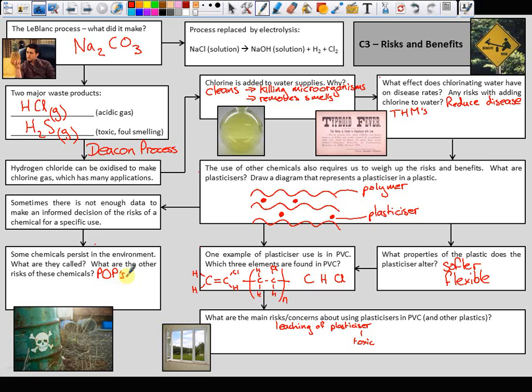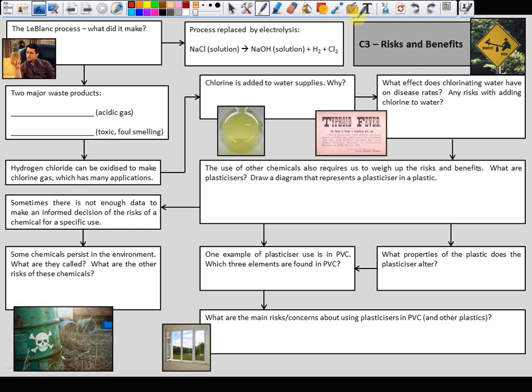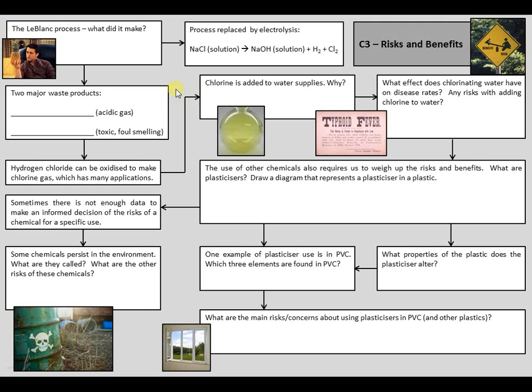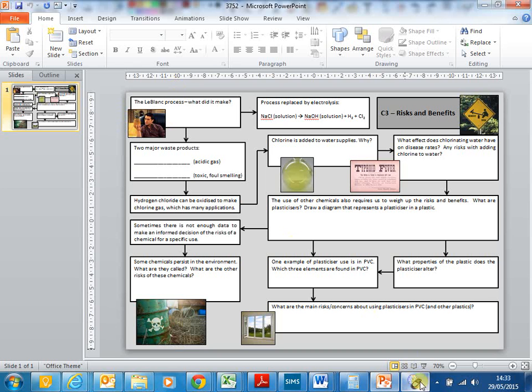Okay, and again, they have been linked to causing cancer due to bioaccumulation, because they get stored in the fatty bits. Okay, right, so that's that, which is all well and good. So that's the Leblanc process.